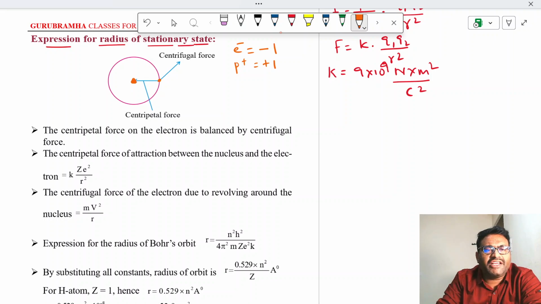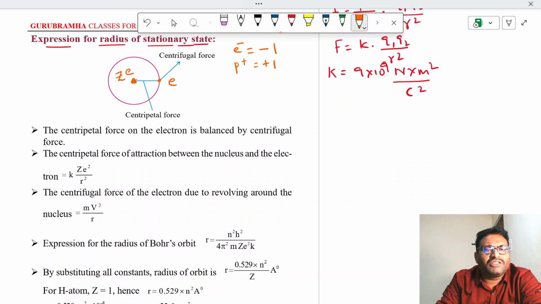If I consider E as the charge on an electron, the charge on a proton will also be E. But the number of protons is called the atomic number, so what is the total charge? Ze. For example, helium: how many protons are there in helium? 2 protons. The atomic number is 2, so 2 into the charge of each proton, Z into E.